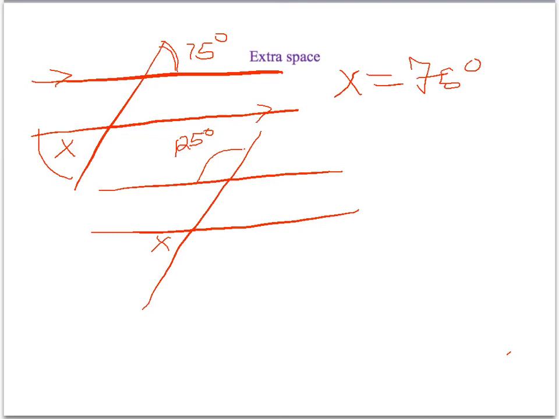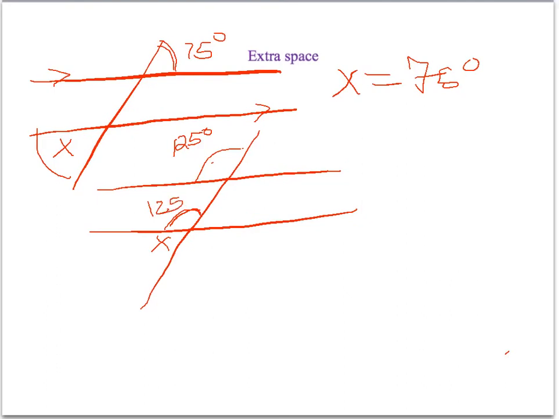Well, these two angles don't have a direct relationship. However, I know that this angle and this angle are corresponding angles, and corresponding angles formed when the transversal cuts parallel lines are equal. So if this is 125, then this is 125.